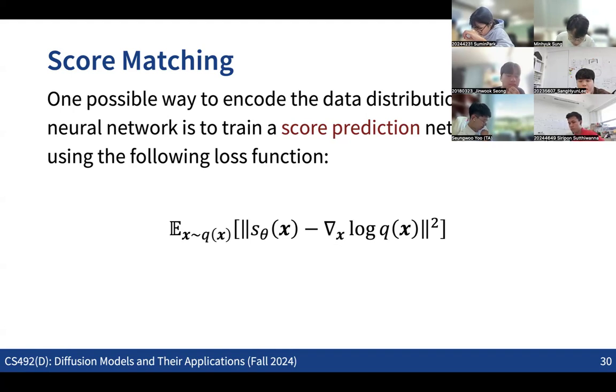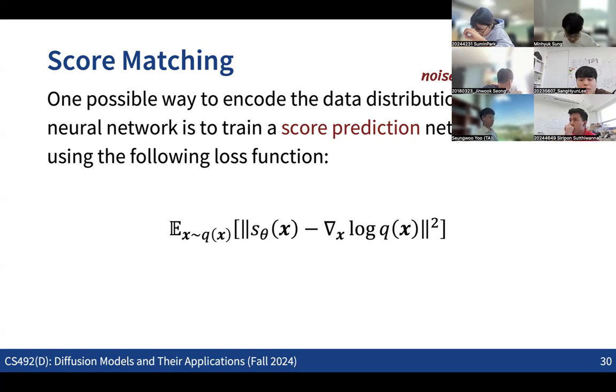In the case that we can directly calculate the score here, we can train a neural network that minimizes this L2 loss, calculating the loss as an expected value by sampling points from the data distribution. So we can make a score prediction network by taking this as the loss function. Right? Is it clear? We can see that this is similar to the noise prediction network.